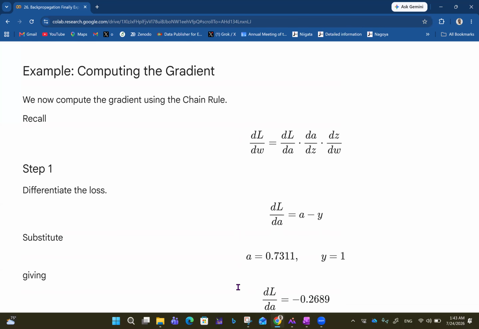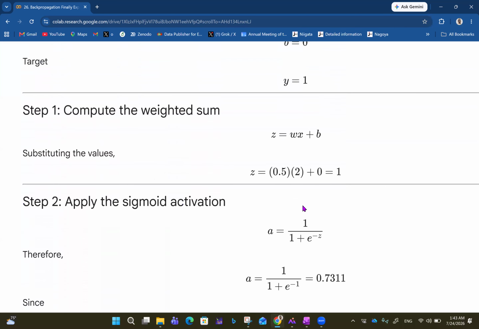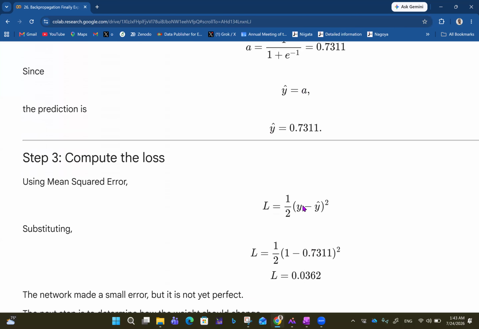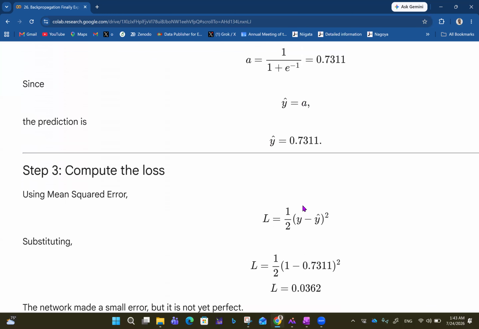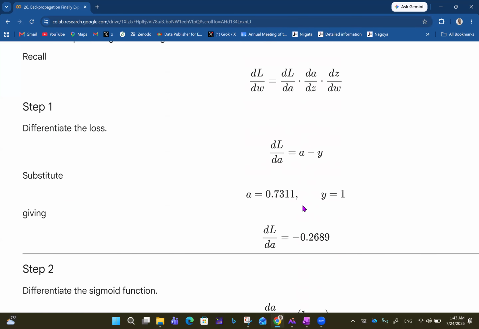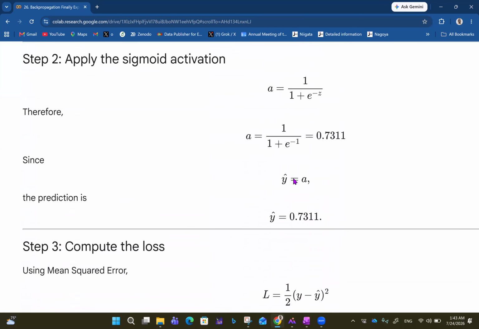Then we talk about computing the gradient. We now compute the gradient using the chain rule. So dL/dW is dL/da multiplied by da/dz multiplied by dz/dW. The formula for the loss is half (y minus y cap) squared, and we know our y cap here is actually a.